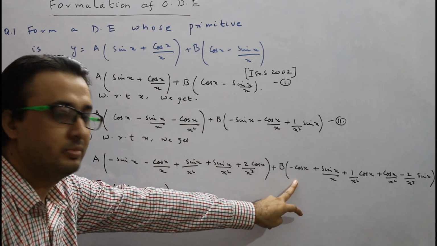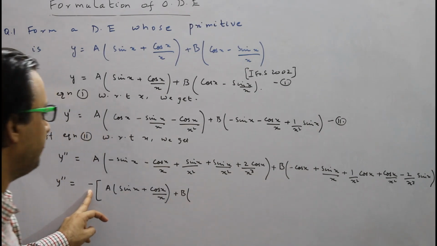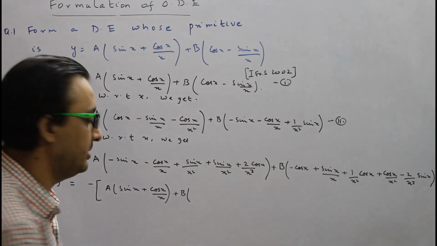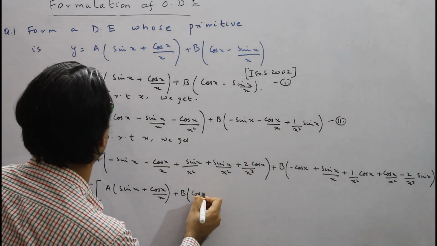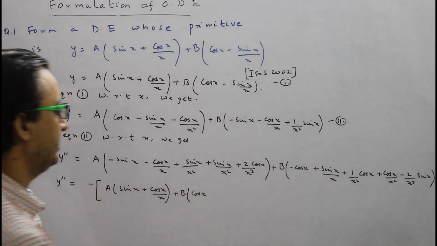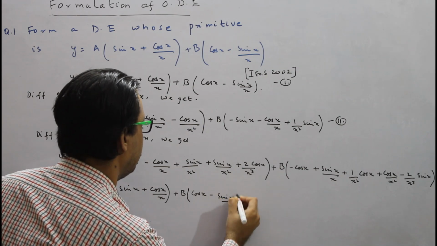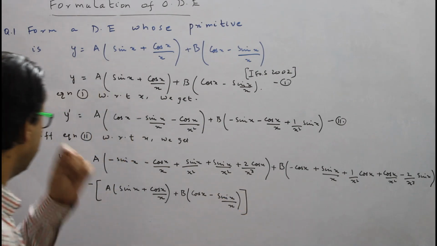Similarly here, already I have taken minus outside, so I can write here cos of x, and here it is plus. Since I have taken minus, I can write it as sin x by x. So this is one part.